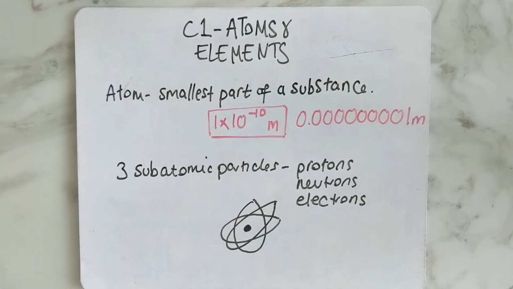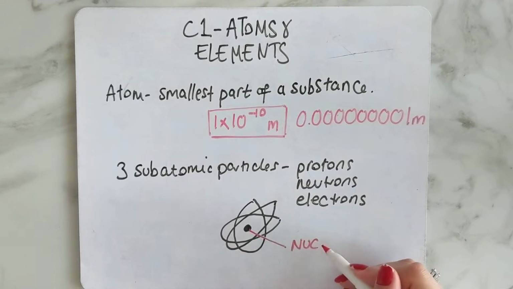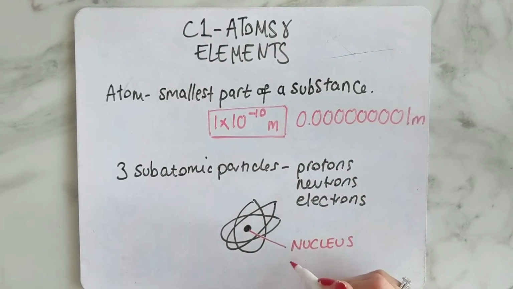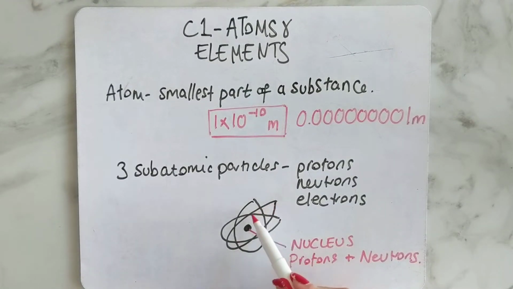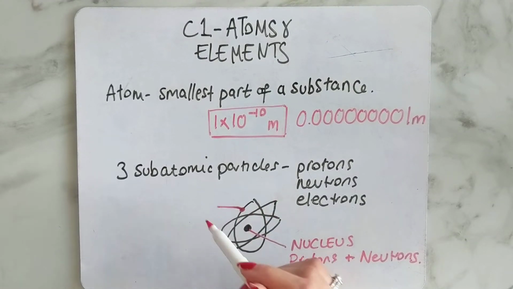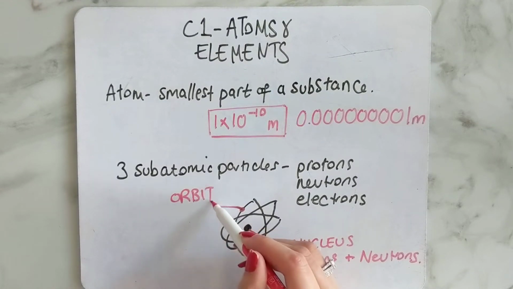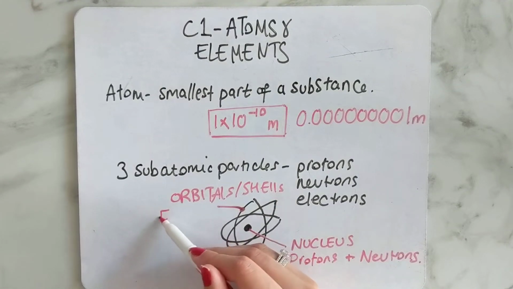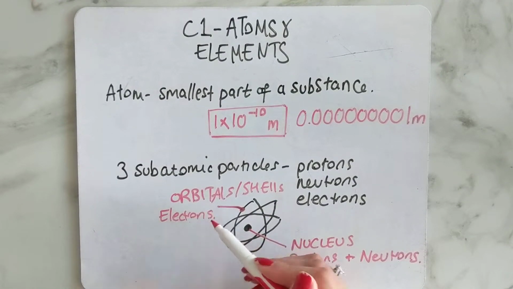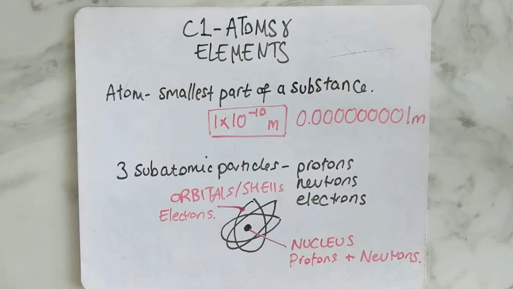The subatomic particles fit into this atom. In the centre, in the nucleus, we have protons and we have neutrons. So 2 subatomic particles in the centre, in the nucleus. In these shells or orbitals, we find electrons. And it's really important you know where you find these in the atom.